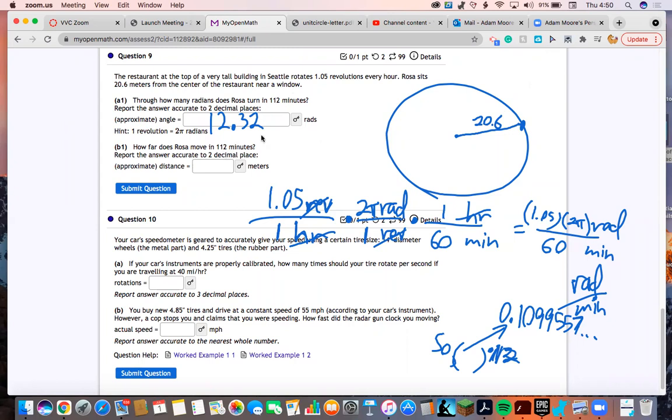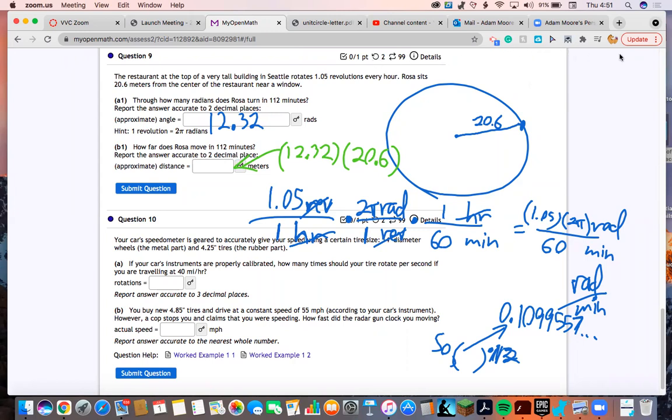In that same 112 minutes, we've done 12.32 radians' worth. But how big is a radian? A radian is 20.6 meters. So 20.6 meters for every radian times 12 point something radians. We'll just multiply them and get ourselves an answer. That's how I would take care of that problem.